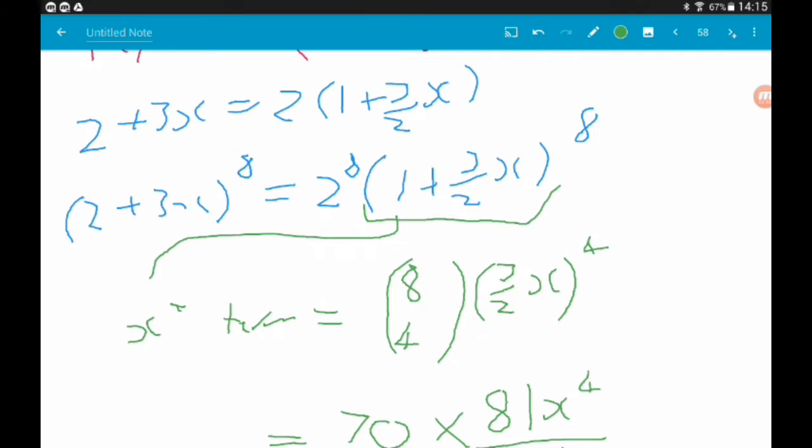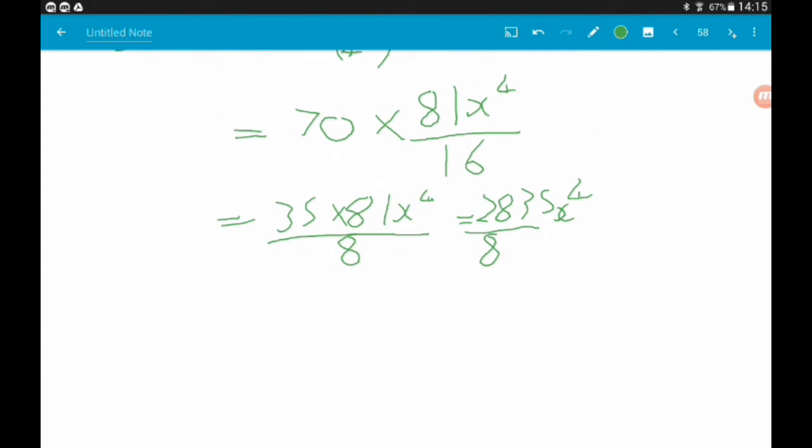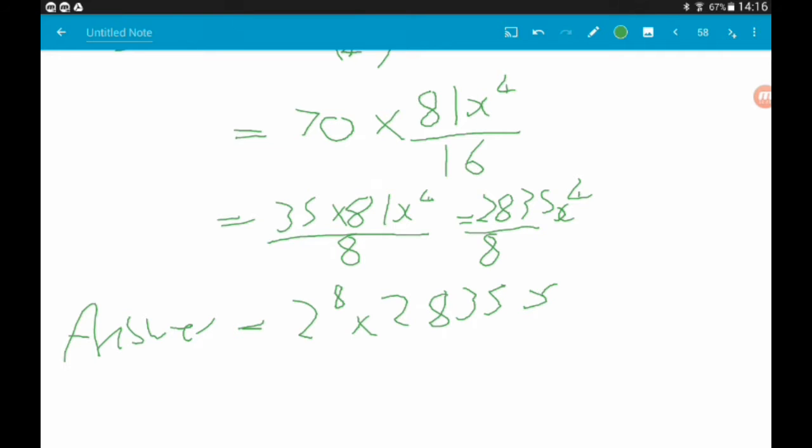So, that's our x to the power 4 term of just the binomial expansion. Now, we need to multiply it by the 2 to the power of 8. So, our answer to the original question is 2 to the power of 8 times 2,835 x to the power of 4 over 8.